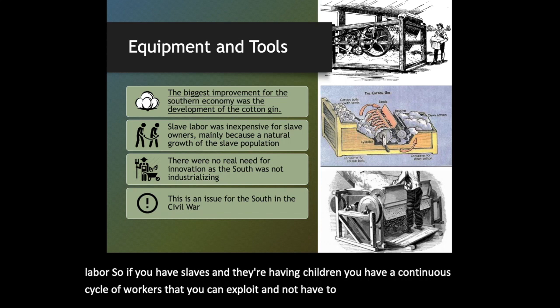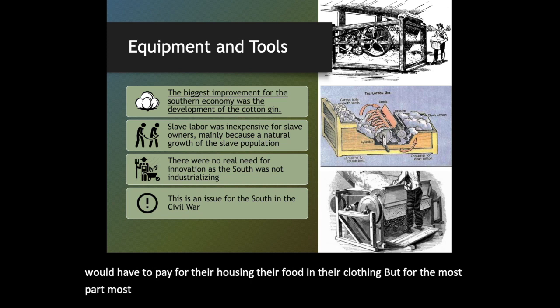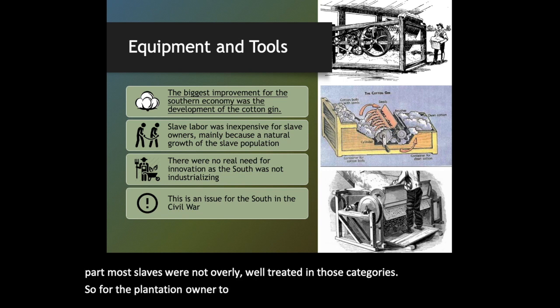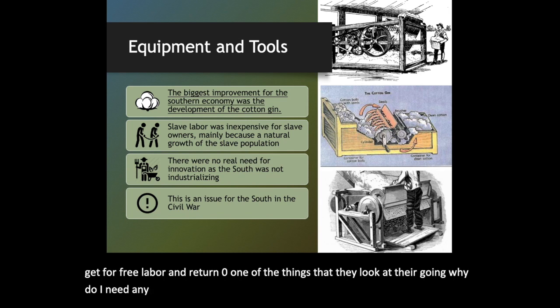Admittedly, you would have to pay for their housing, their food, and their clothing, but for the most part, most slaves were not overly well treated in those categories. So for the plantation owner, it was a minimal expense in return for free labor. They're going, why do I need any employees? This is a system that will continue to work and develop for us.